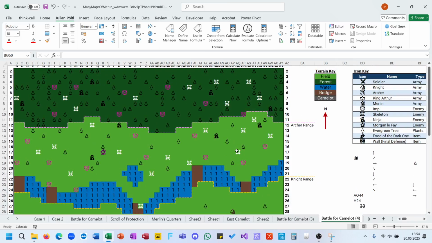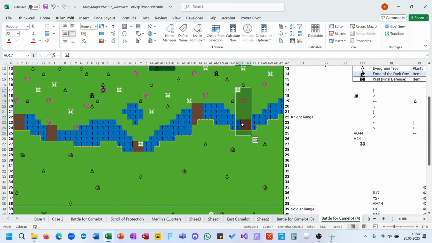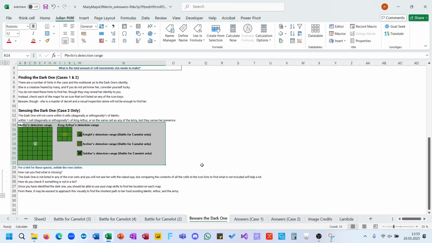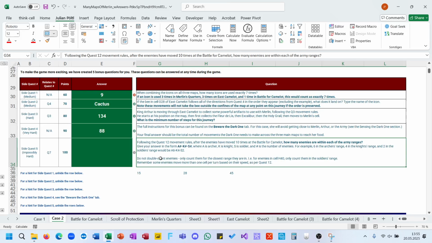But none of them is crossing here, I think. Well, this one is crossing, but what is the range? What is the range of the army? King Arthur and Merlin. Ah, okay. Are they also counting as army? Oh no.